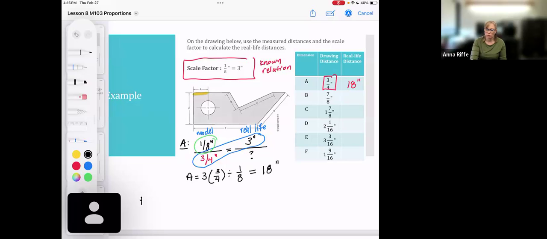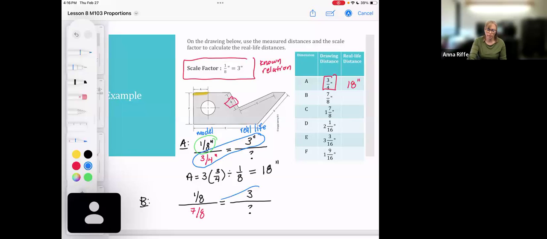So maybe we'll do one more. We'll do B. We're going to use the same scale factor for all of these. So 1/8 of an inch on the left, 3 inches on the right. We don't know the real life distance. We are given the model distance for B right here is 7/8 of an inch.